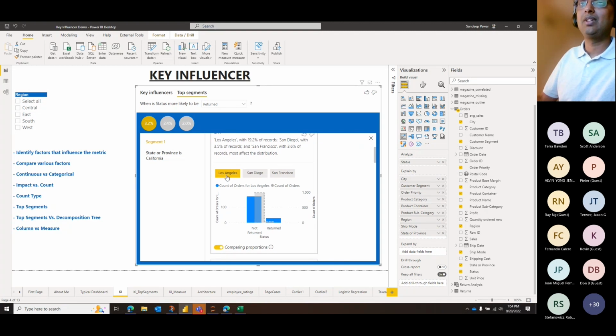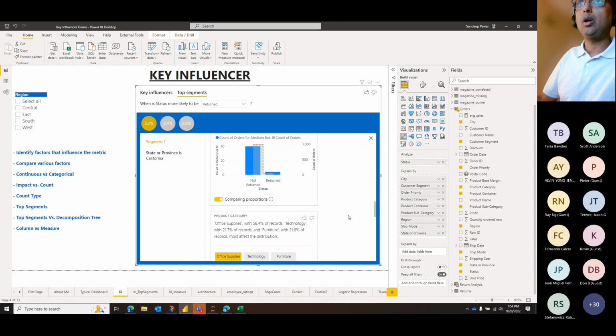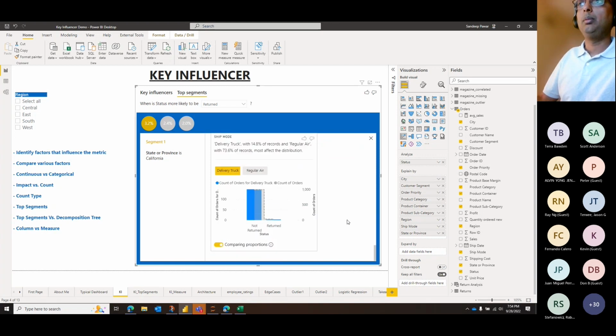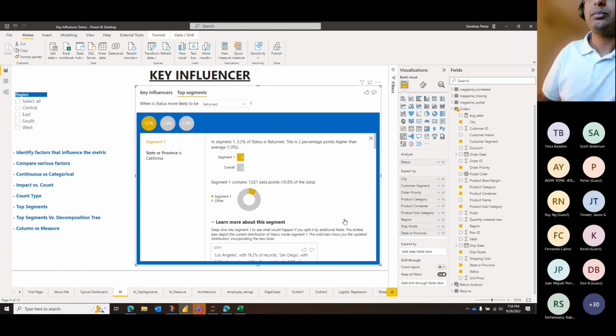It turns out that even Los Angeles is higher than anything else. The gray bar is California, blue is Los Angeles. You can go through this. Not all of these would be interesting, but the idea is for you to go through this and understand.